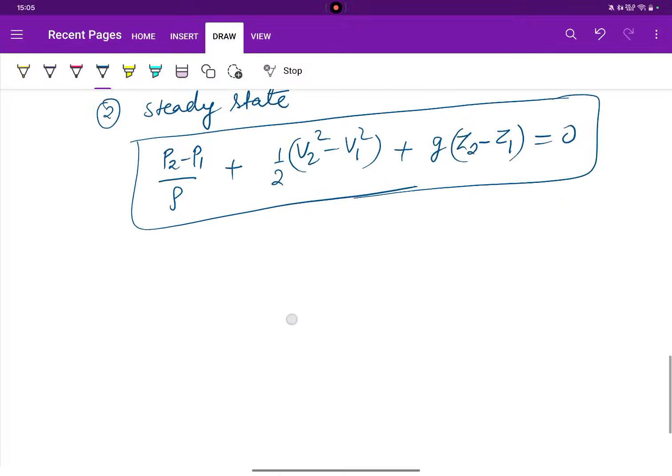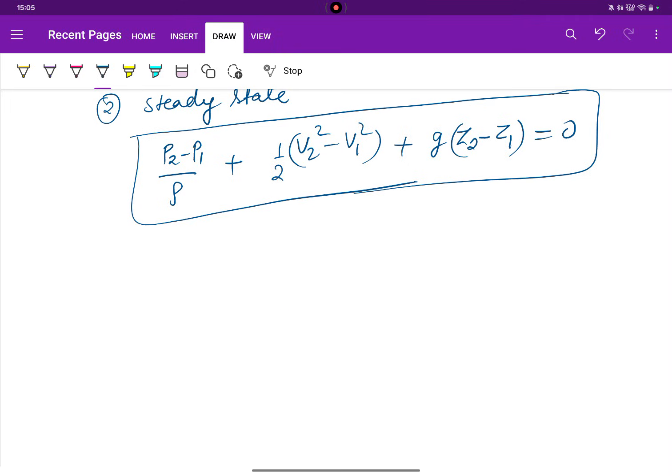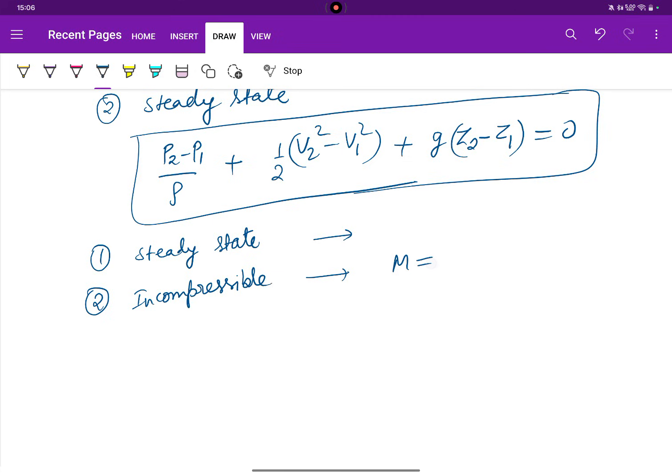I'm going to tell you four conditions. First is steady state, so no temporal change. Second is incompressible, that means density is constant, for the condition that Mach number is less than 0.3.